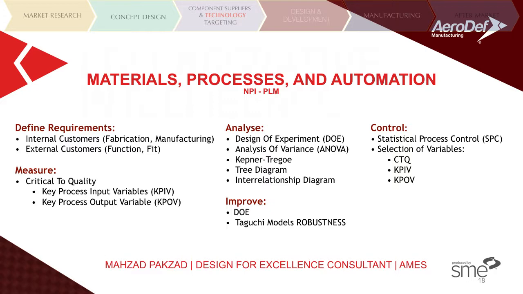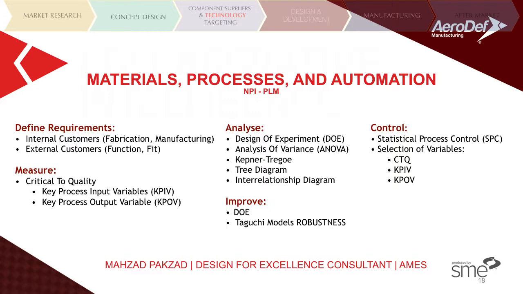Analysis of these variations, the design of experiments to be clear about what the tolerance requirements are, analysis of variations, hypothesis tree diagrams, interrelation diagrams, all kinds of analysis to identify exact tolerances required for raw materials and for the process. This is good for both product design and automated equipment design. It can be used for both.